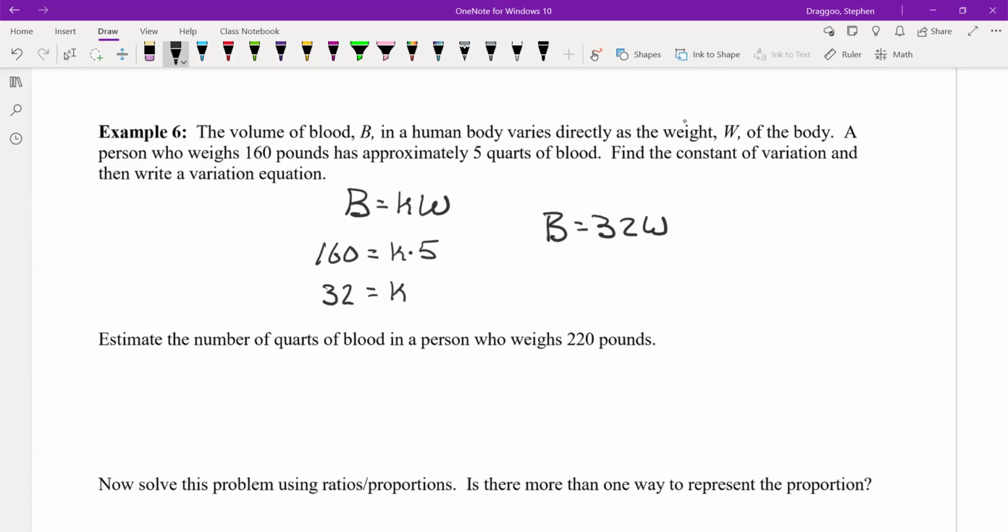We can attach some units to these things, because that can occasionally be helpful. Yep, so that constant of variation, K is 32 pounds per quart.